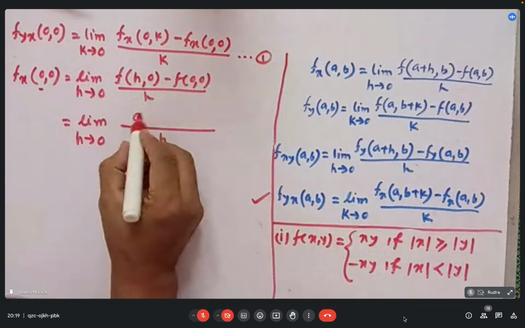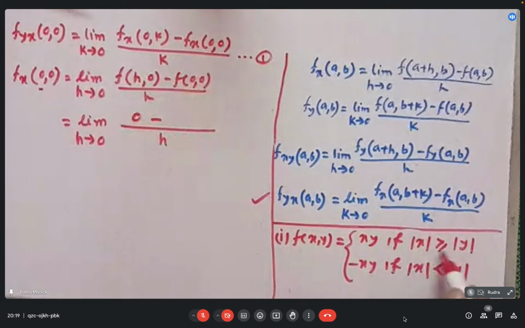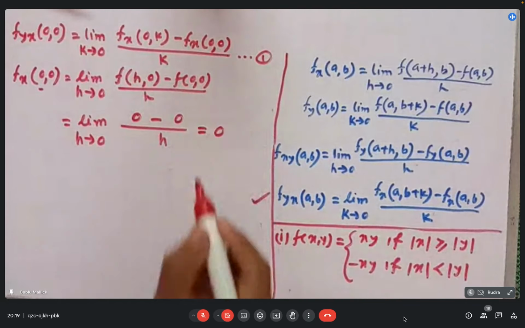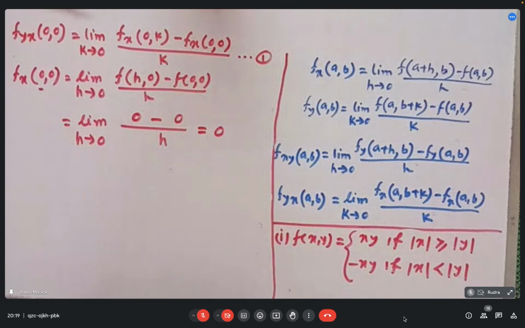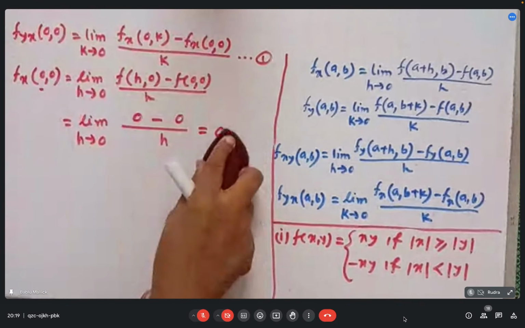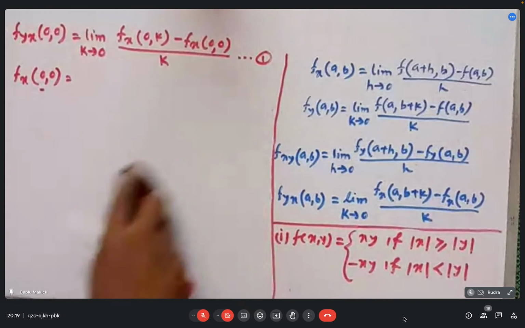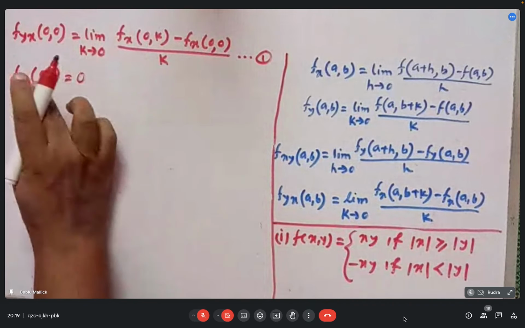And here the x and y components are the same, so this value is 0. So we are getting f x at 0 0 is equal to 0.